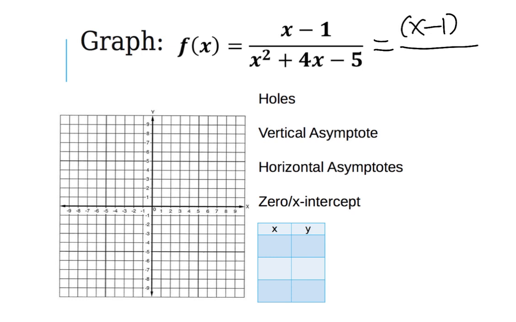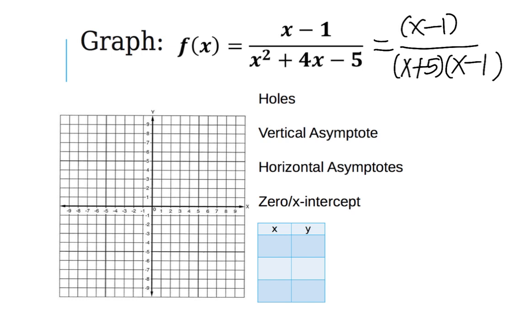And in the denominator, we want to factor. We're going to use the AM method, and we're going to think what adds to 4 and multiplies to negative 5. And those two factors are going to be x plus 5 and x minus 1. Because 5 minus 1 is going to give us 4, but 5 times negative 1 is going to give us that negative 5.